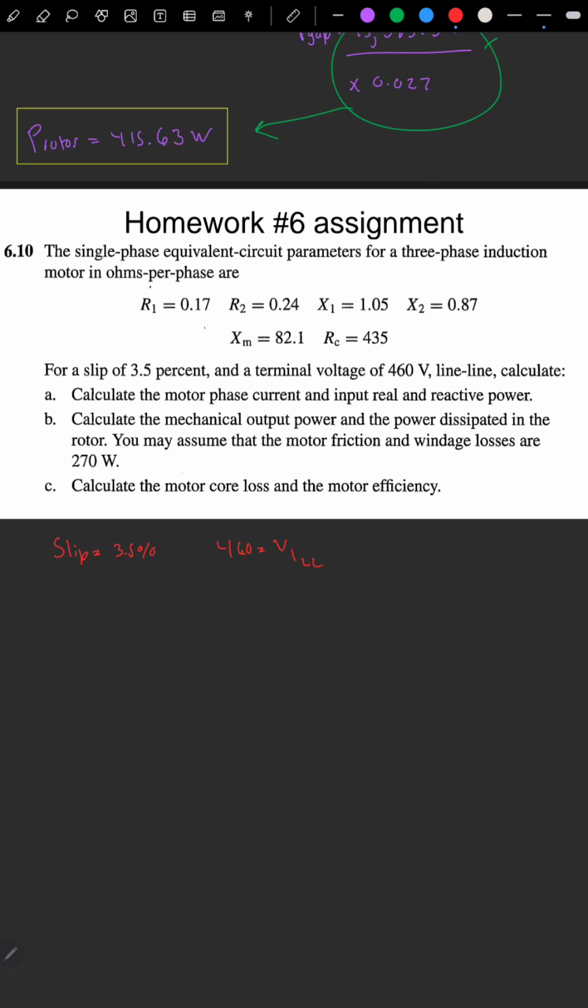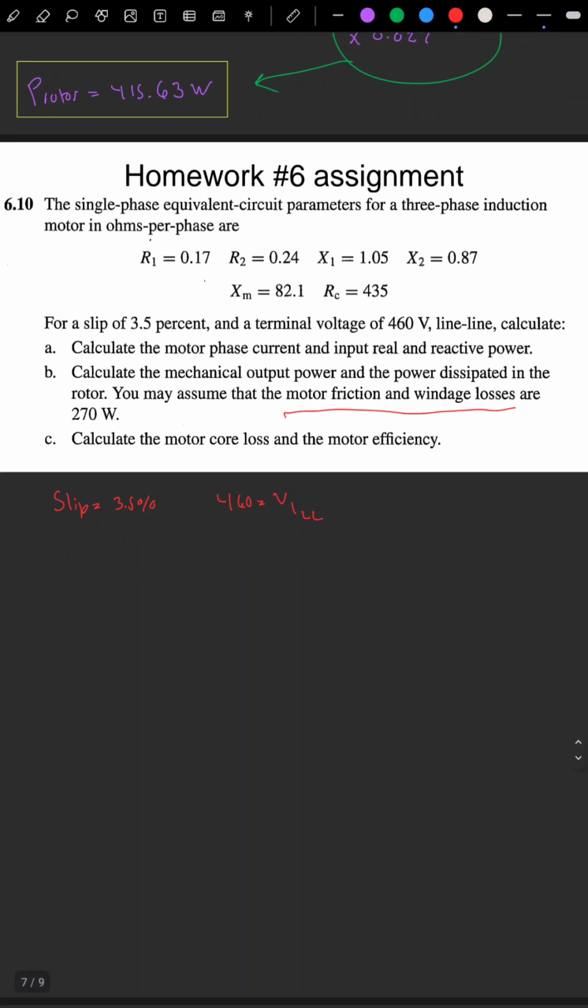It's asking to find the motor phase current and input real and reactive powers. It's asking us to calculate the mechanical output power and the power dissipated in the rotor, where we're assuming motor friction and windage losses are 270 watts, and it's asking us to calculate the motor core loss and motor efficiency.